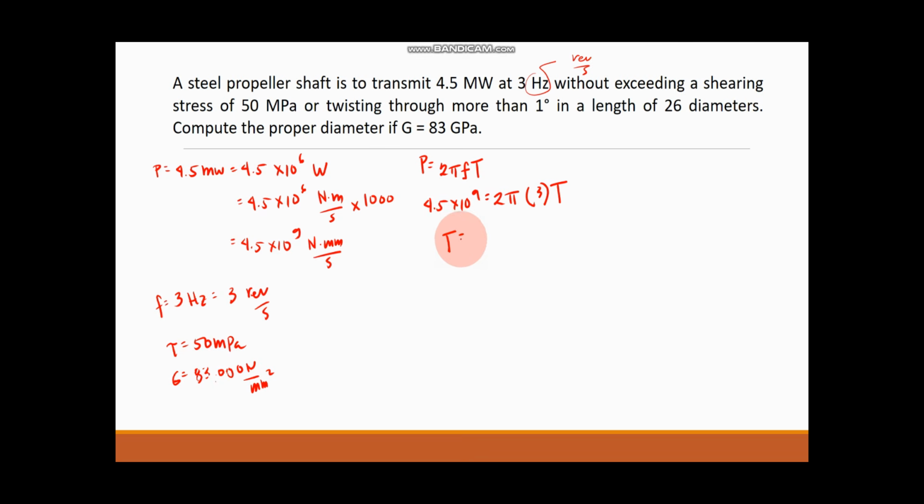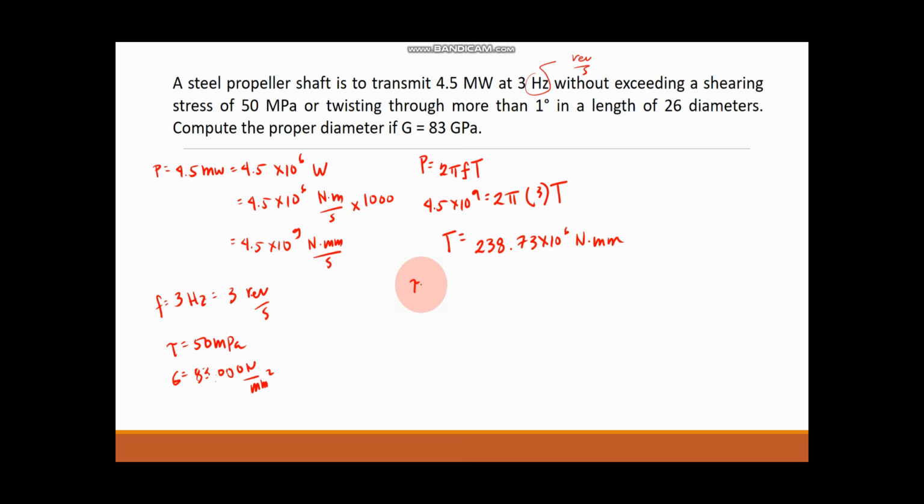So, the torque would now be equal to 238.73 times 10 raised to 6 Newton millimeter.